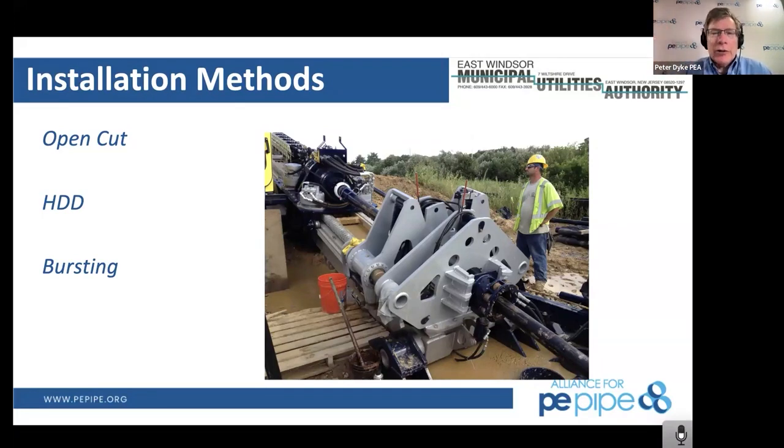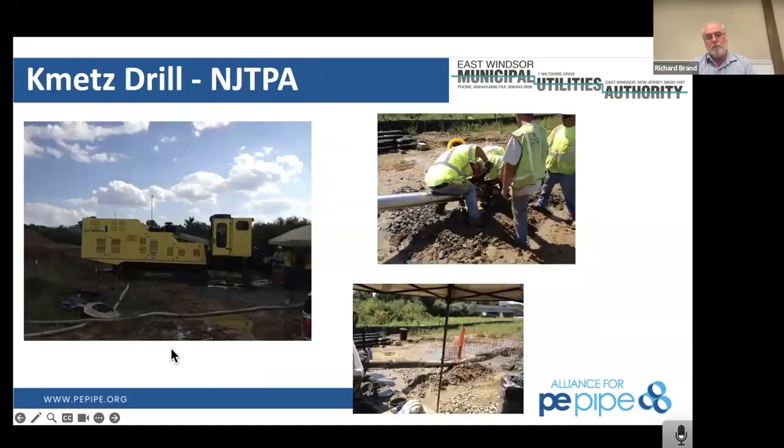Take it away, Richard. Yeah, this particular project was a directional drill going underneath the New Jersey Turnpike Authority. About 7 years ago, they did a big major widening down the turnpike, and because of that, they had to relocate some of our lines.